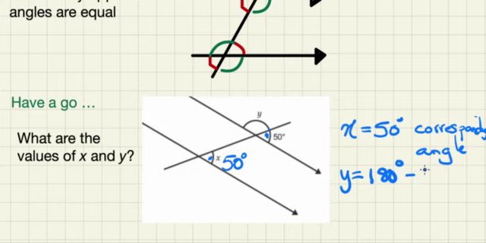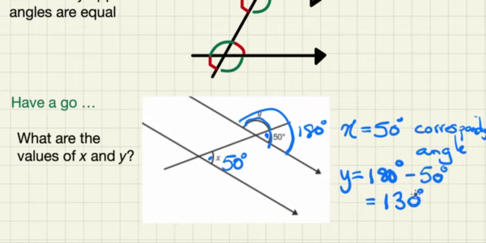So if the whole of this is 180 degrees and this is 50, then we can easily work out the rest from subtraction. So 50 degrees, if you take one from the other, you're left with 130 degrees. So y is 130, x is 50.